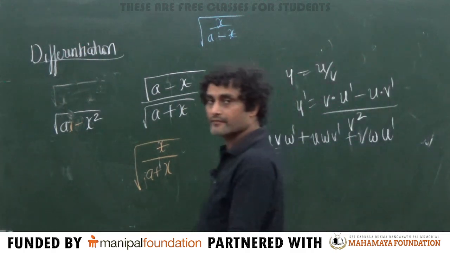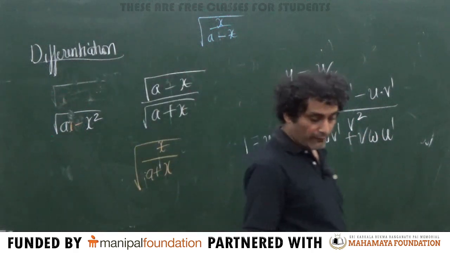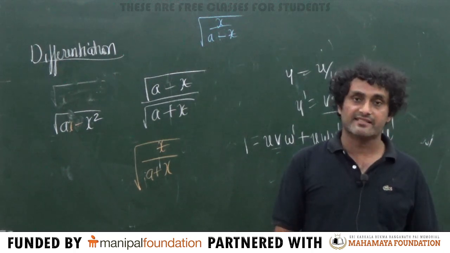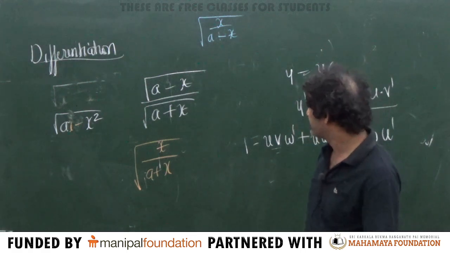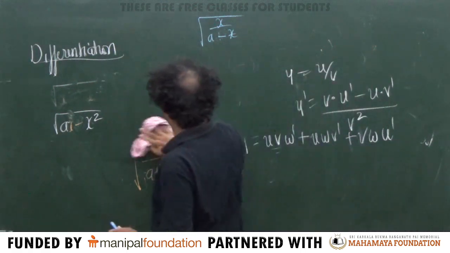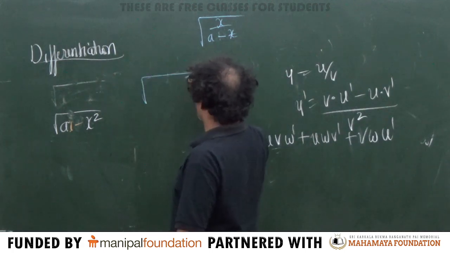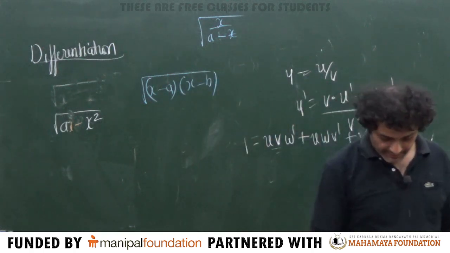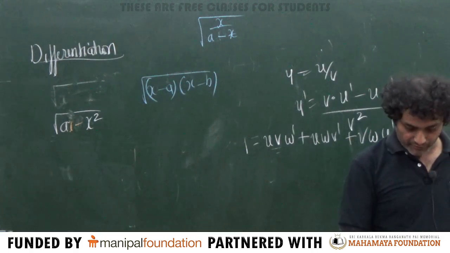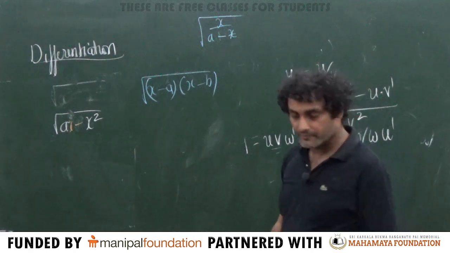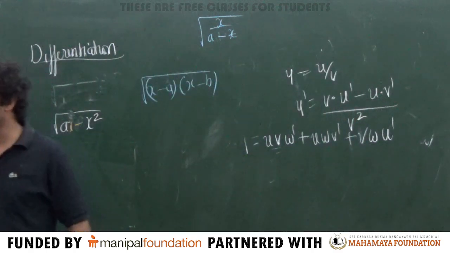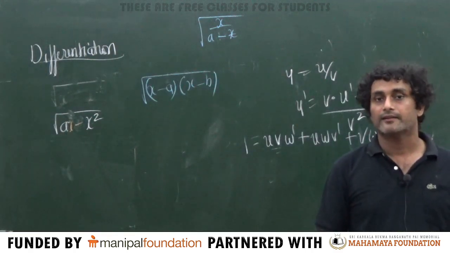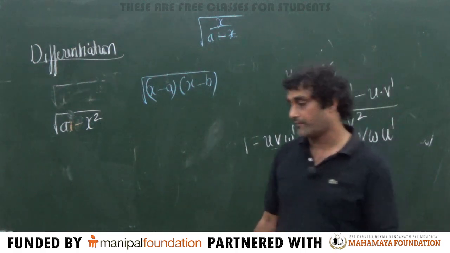Then go ahead, root of x minus a into x minus b, root on a single line. Then you have to put x equal to a secant square theta minus b tan square theta.